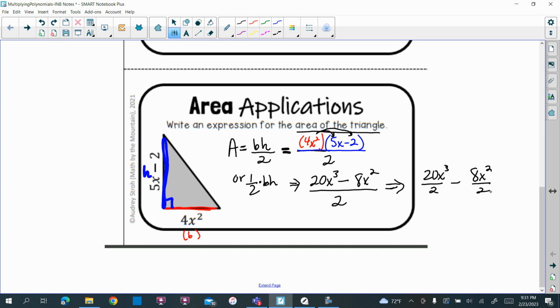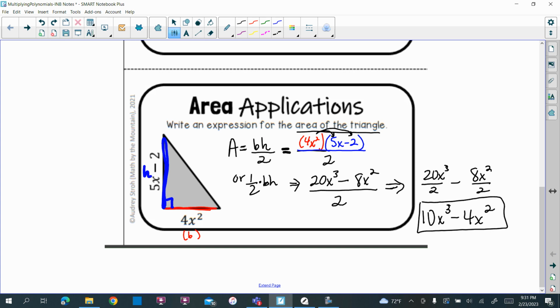So numbers are what I'm focusing on, okay? You can only simplify like terms. So this gets simplified to 10x to the third power minus 4x squared. Okay, and that is our final simplified expression for the area of that triangle.